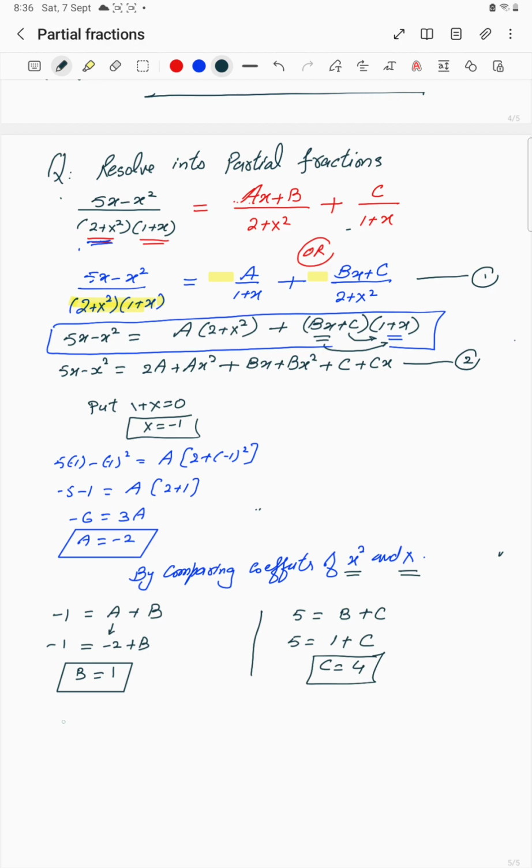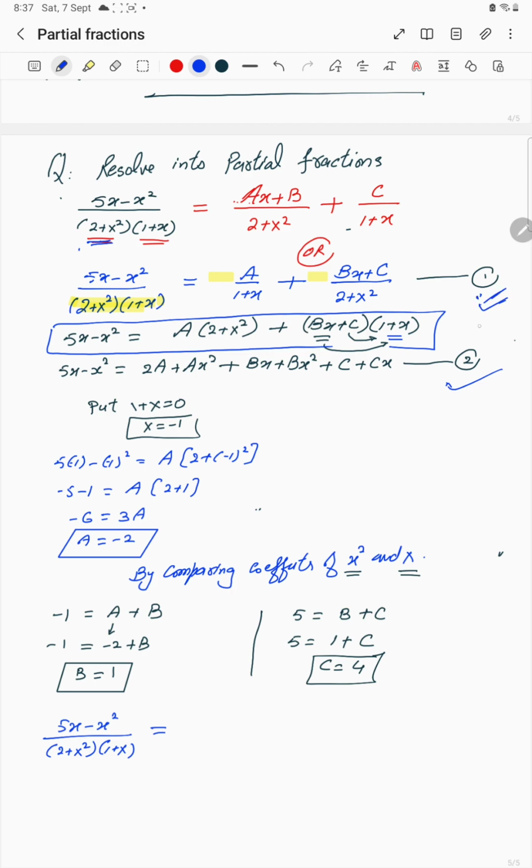Now replace them to get the final answer. So our final answer will be: originally (5x minus x squared) over (2 plus x squared) times (1 plus x) will be resolved into... we are just putting the values in equation 1. If you put them in equation 2, then it will be wrong because we derived equation 2 by simplifying equation 1.